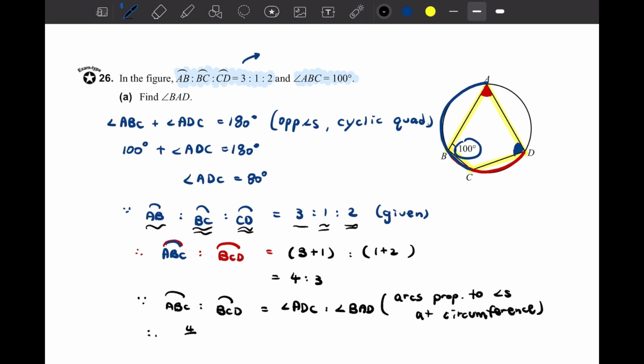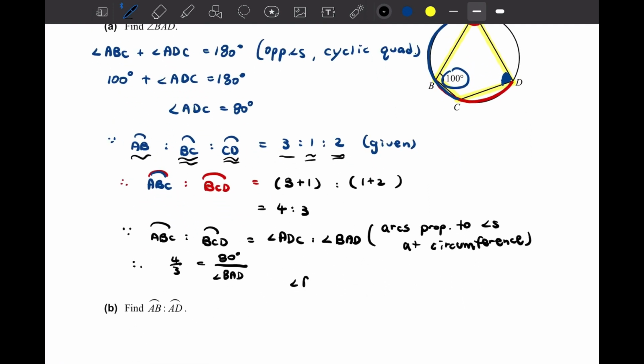Okay, so therefore 4 to 3 is equals to 80 degree to angle BAD, and BAD is your only unknown, so therefore angle BAD is equals to 60 degree.